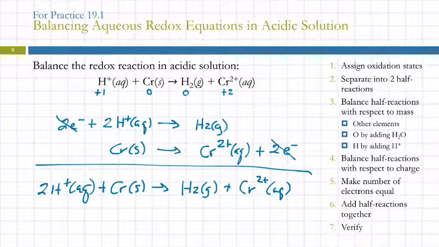You said that the electrons, sometimes they won't cancel out, right? These electrons will cancel. But in one condition, one thing. Well, if you look at this equation up here, the charges are not equal. This is a simple one. You could balance it the regular way. But the one we looked at previously, you can balance it by mass, and then the charges don't add up. So what happens here is this chromium is losing electrons, and the 2 electrons that it loses are gained by the 2 hydrogen ions.